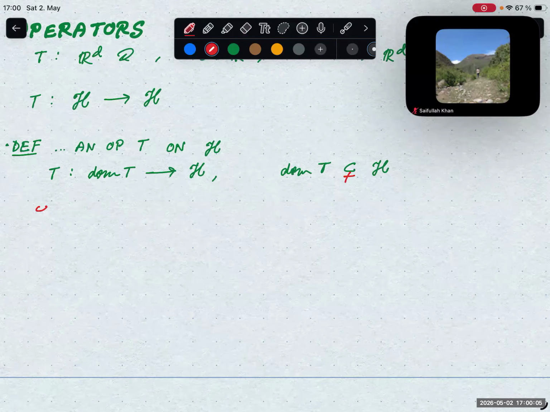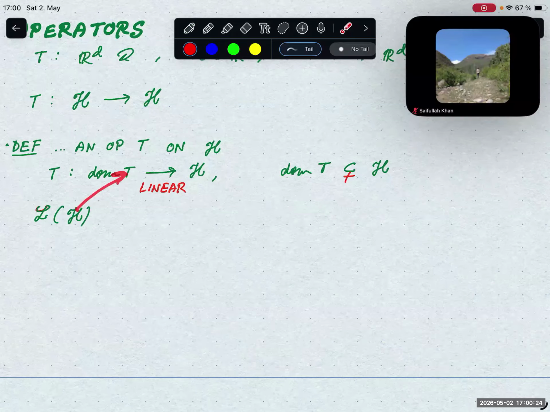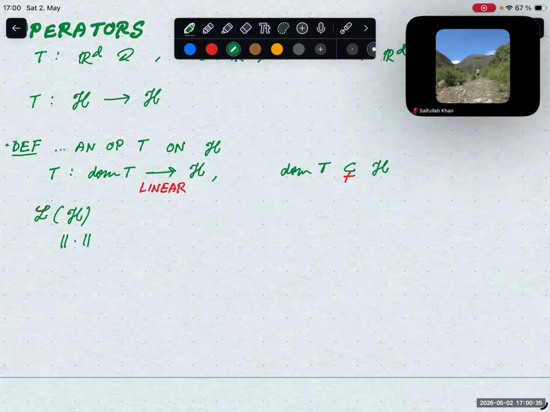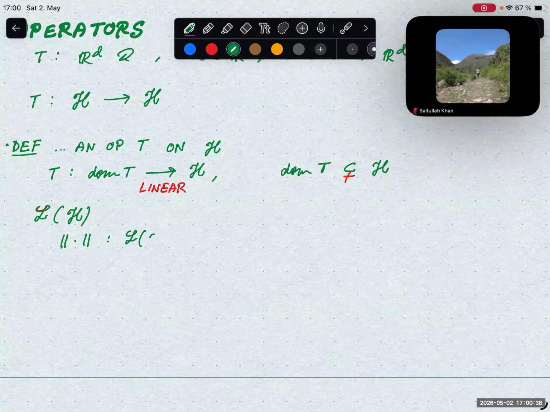Although the notation means operators not literally from H to H, it is just a shortcut notation. From this space, we define the norm of an operator.